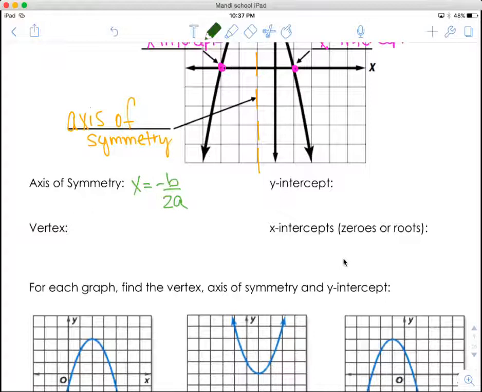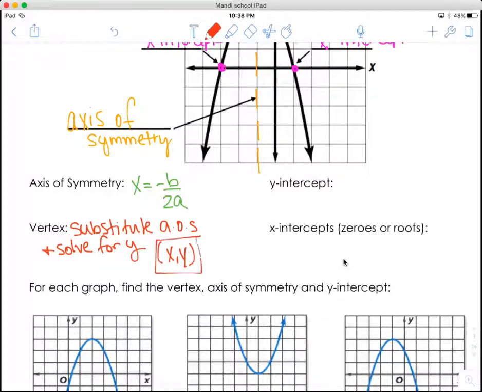The vertex can be found when you substitute the axis of symmetry and solve for y, because the vertex is a point (x, y) where x is the axis of symmetry and y is what you get when you substitute that in.